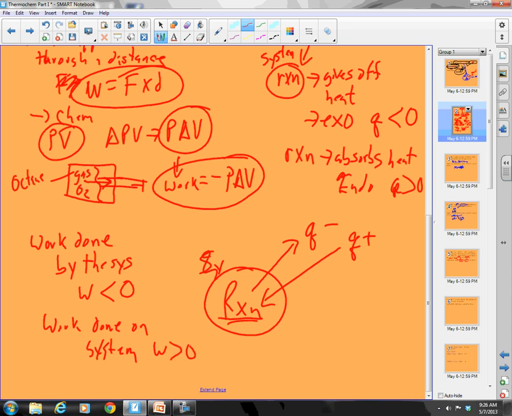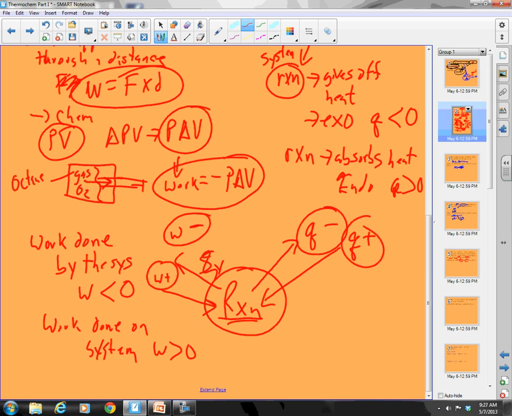Got it? So if my reaction is doing the work, then we say that is a negative value. If my surroundings are doing the work on my system, then that is positive. Got it? Okay, good.